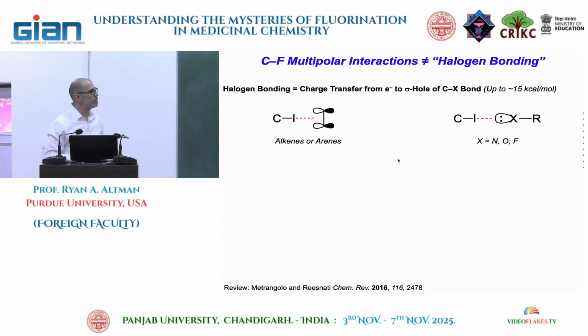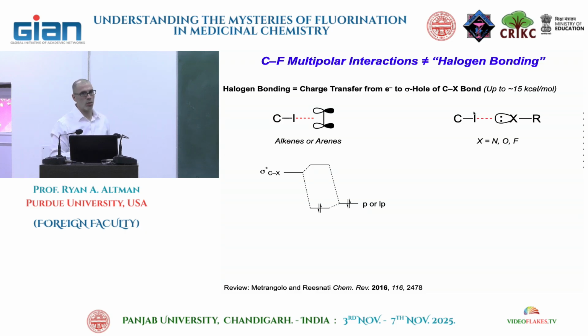So halogen bonds are bonds in which there's a sigma hole, there's delta plus character in this space that's part of the C-X sigma star. I'm going to have another representation; we'll keep building the slide in a little bit. And you have a pi system or nucleophilic lone pair of electrons that presents its electrons into the sigma hole.